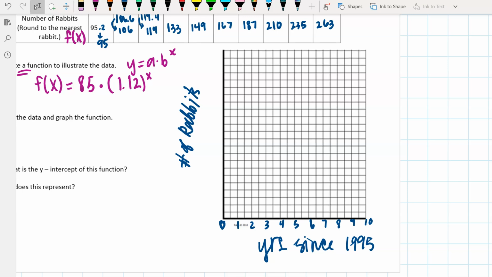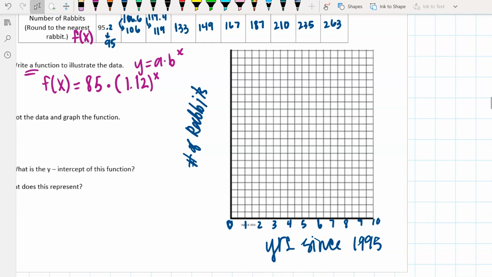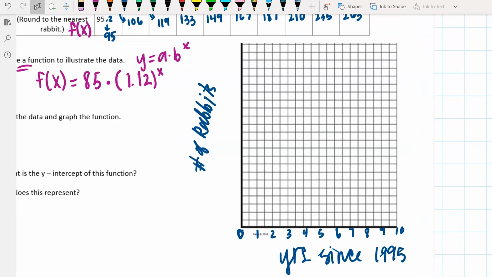So when we do that, we need to kind of scale. I know if I go every other, I can fit 10 numbers, and this one looks a little bit longer, so I could probably fit more. So I'm going to go every line is 15. So every other line is going to be 30.